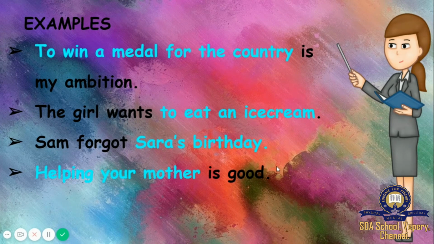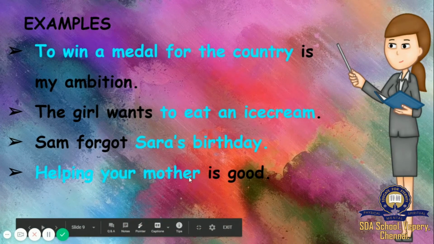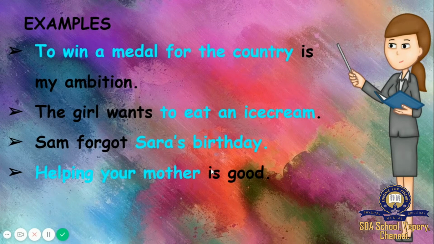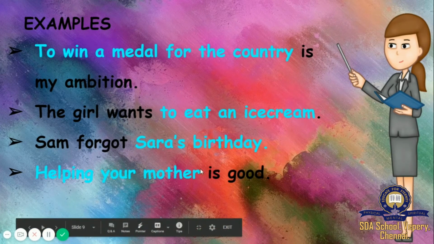So here, this phrase answers the question, what is good? Since it is the subject of the verb is in the sentence, the phrase is a noun phrase. It does the work of the noun in this sentence.